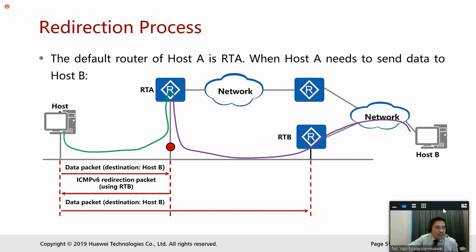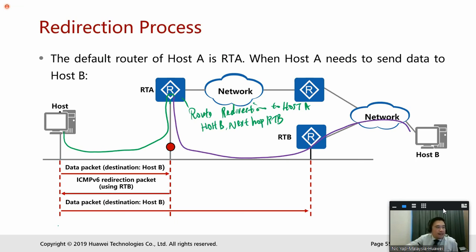When in and out is the same interface, the router will send a route redirection to host A to tell it that when you go to the destination of host B, use the next hop of RTB instead of going back to me.